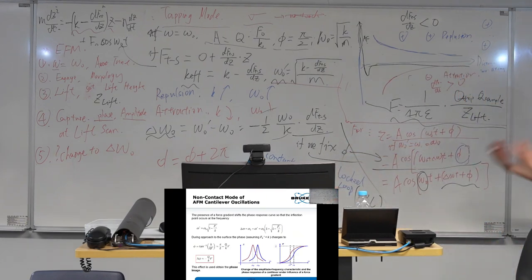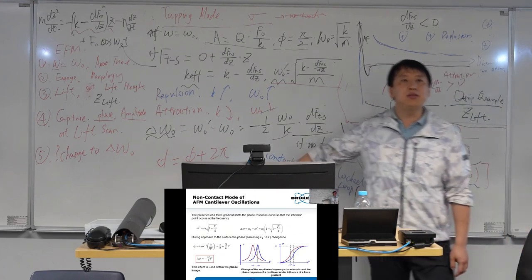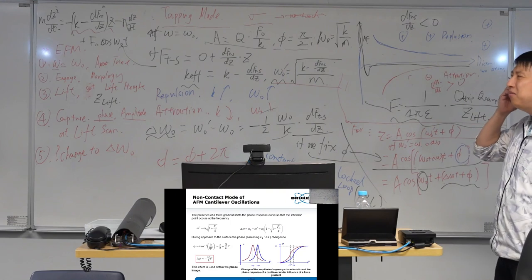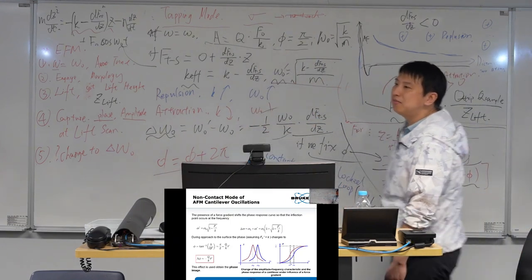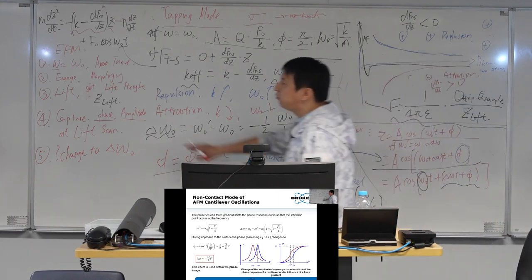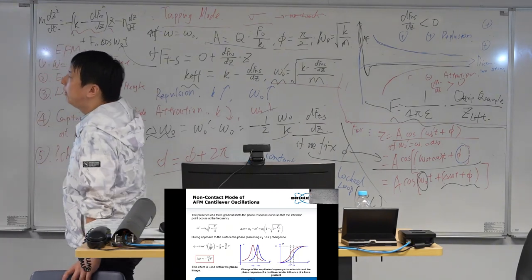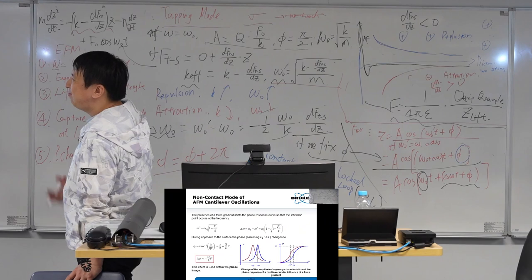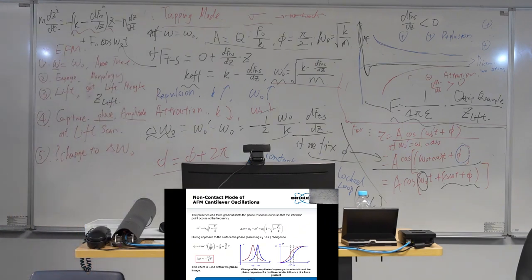You add 2 pi or you add 360 degrees, the same thing. So sometimes this kind of periodic function will make the mathematical calculation kind of difficult. But the frequency is easy. So some researchers, especially those classical AFM researchers, they prefer frequency.